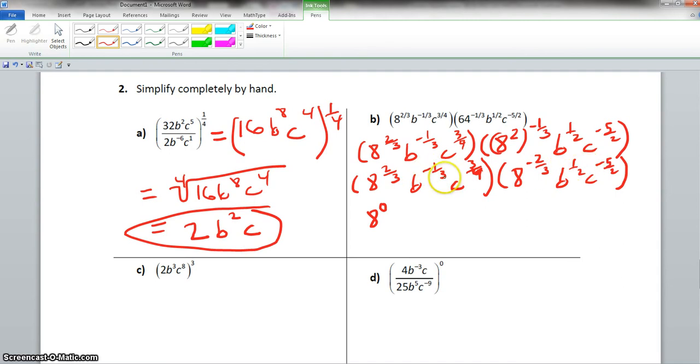We will have to find the common denominator of 1/3 and 1/2, which would be 6. So this ends up being a negative 2/6 and a positive 3/6, which would give us b to the 1/6. Now c to the 3/4, and then a negative 5/2. The common denominator of 4 and 2 is 4. So this would be a negative 10/4 and 3/4, which would give us a negative 7/4.